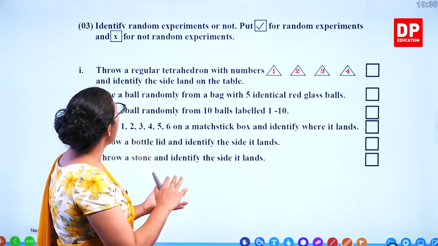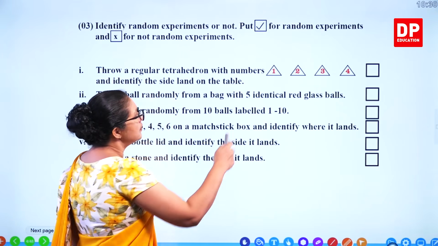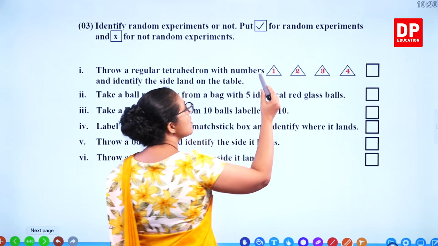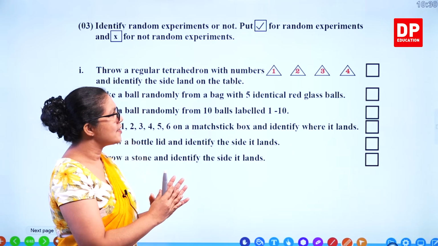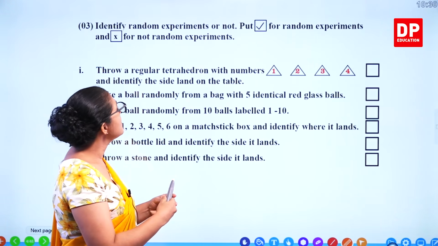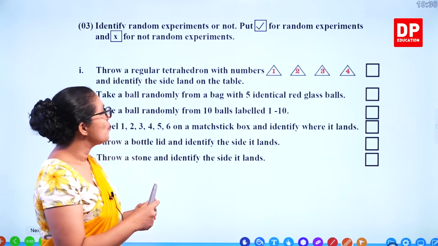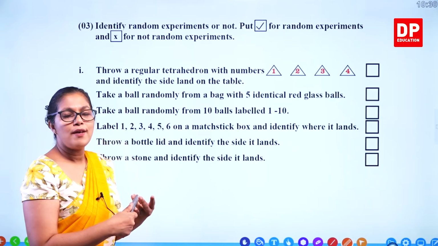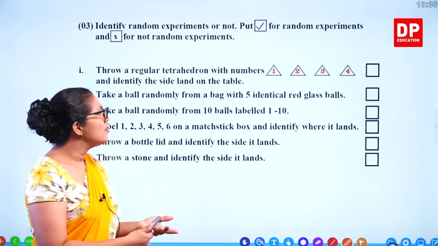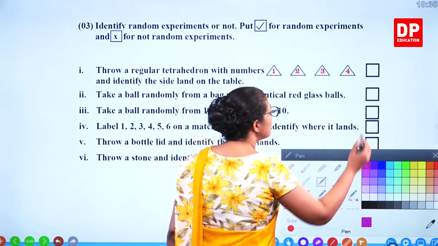So these all are regular, which means all sides are equal. So you get different numbers. So we can get either 1, 2, 3, 4 and we don't know which side you can get. So this is a random experiment.